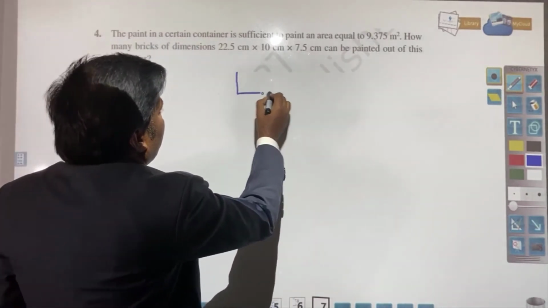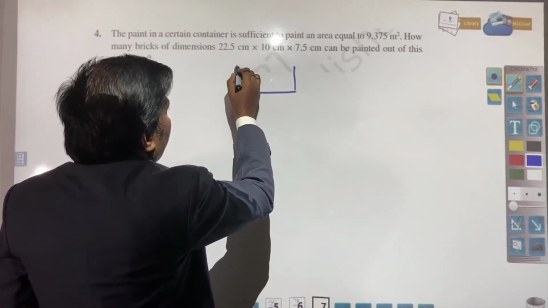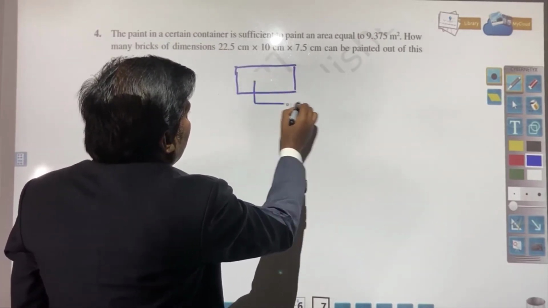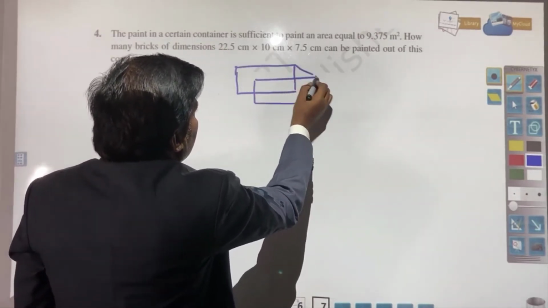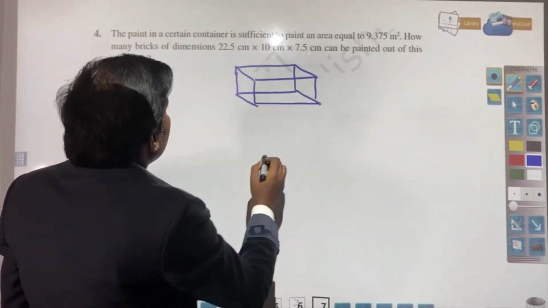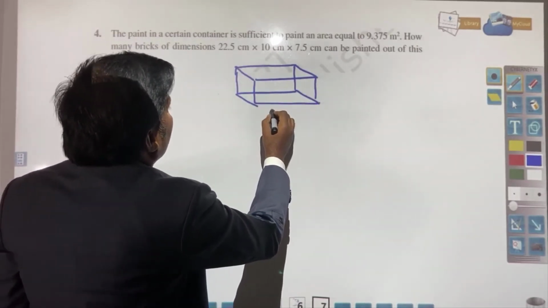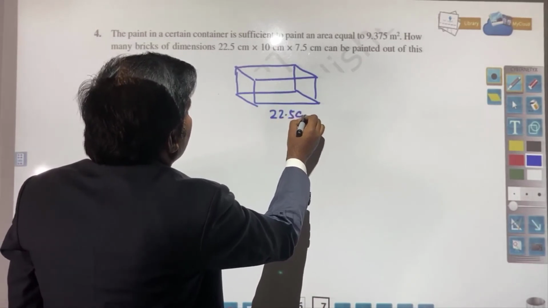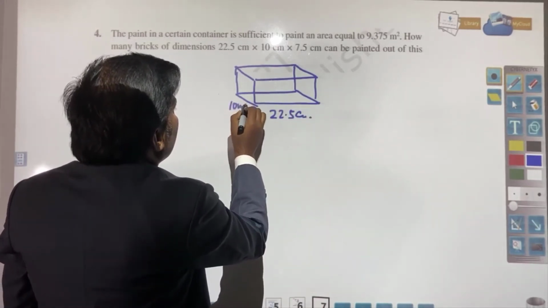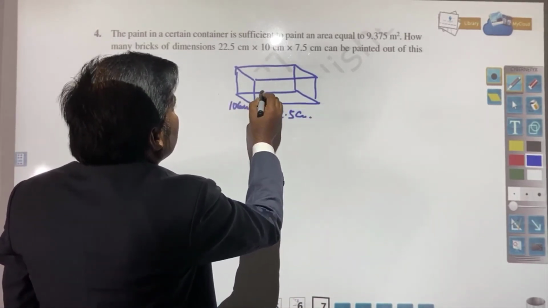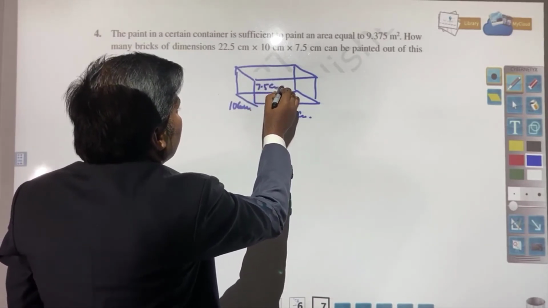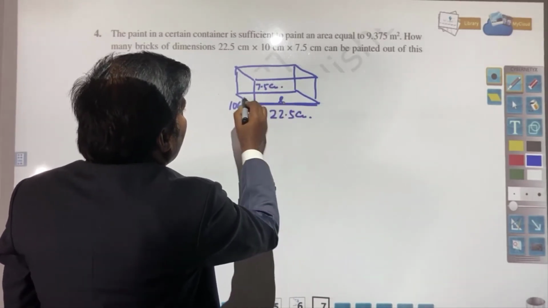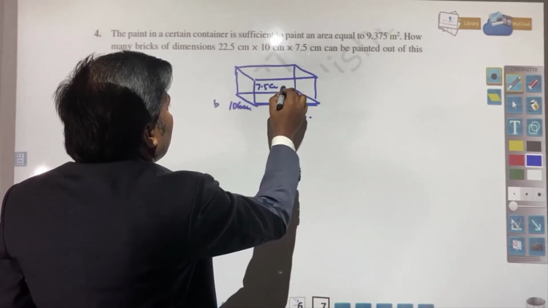Suppose one brick you are having in this shape, which is having dimensions 22.5 centimeter, 10 centimeter, and 7.5 centimeter. Length, breadth, and height.